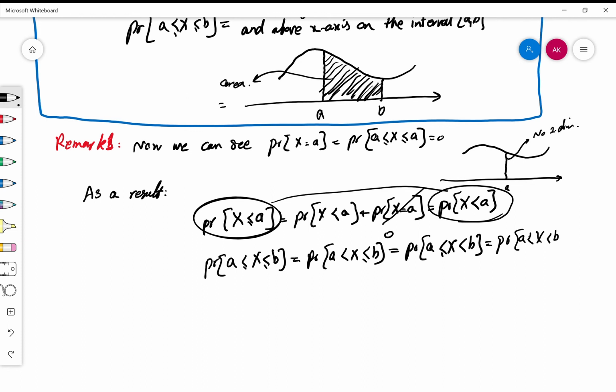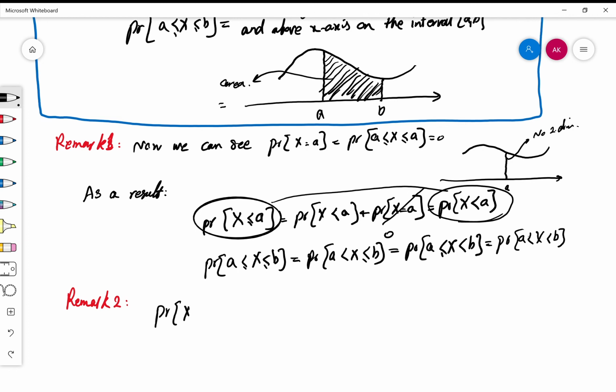So in the inequalities, when it comes to continuous random variables, the inequalities that define the good events for us, including equality or not, doesn't change the probability. That's the first thing.